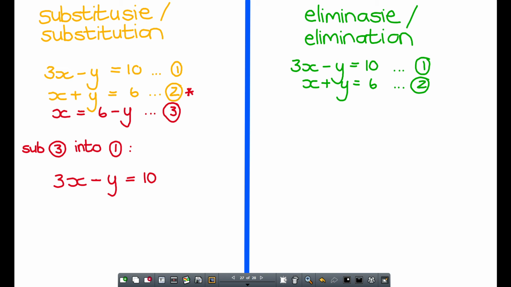Met ander woorde, daar waar ons 'n x het, gaan ek nou, sien jy hierso, x is gelyk aan 6 minus y. So waar ons 'n x het, gaan ek nou sê 6 minus y. Okay, so dis wat ek bedoel van in die plekkie van x. En dit is hoekom ons vir x die onderwerp wil maak. Okay, so kom ek skryf hom net gou vir jou netjies oor. So hy gaan dan nou so lyk.